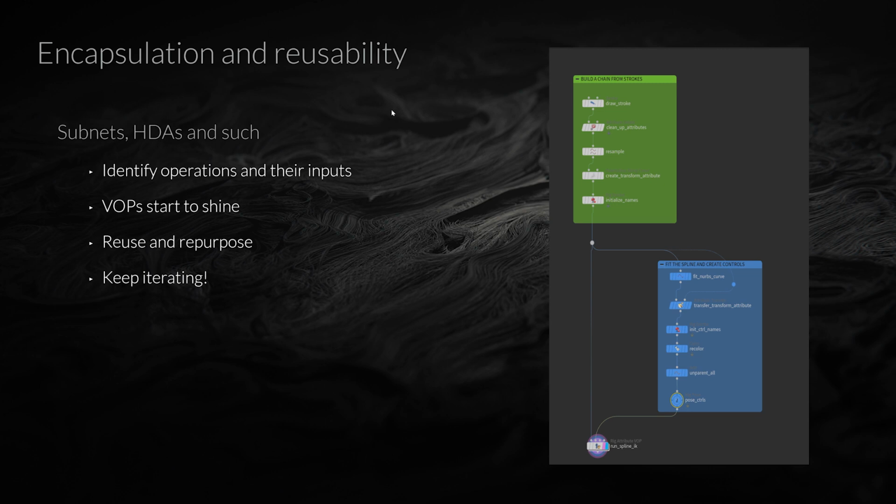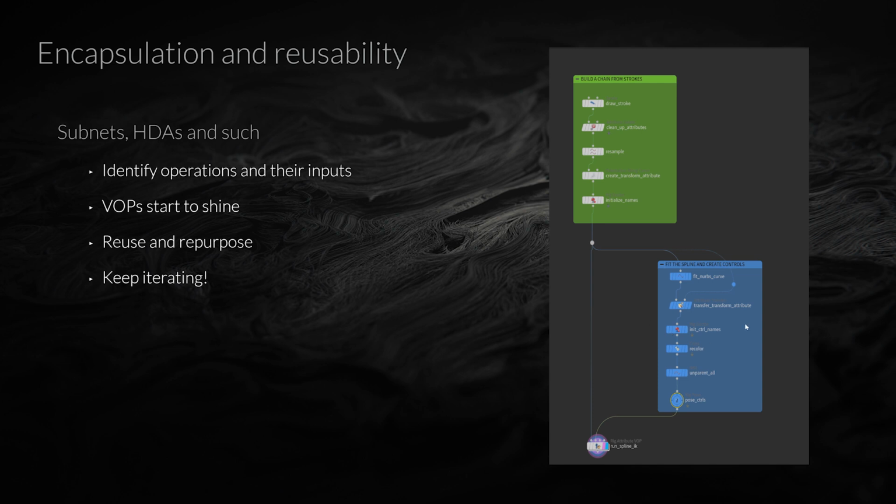Being able to identify processes and split them up and reuse them for different things is something that really gets brought to the fore when we're working with these SOP level tools. So if I look at the network I just created, I had one step which was to build a joint chain. Then I had another step which was to fit a spline and create the controls, and then the final step was to actually run the solve.